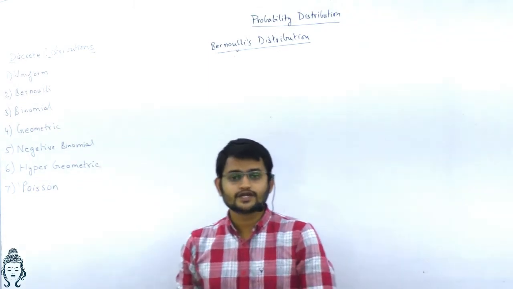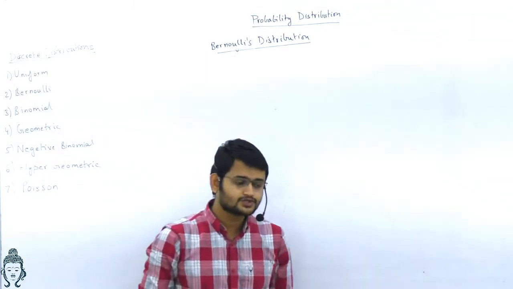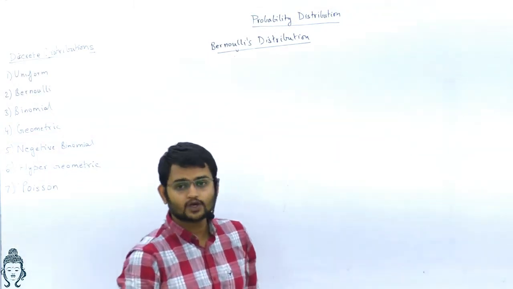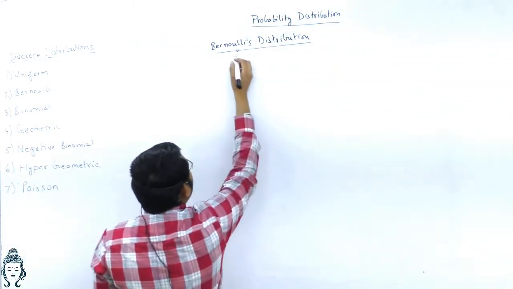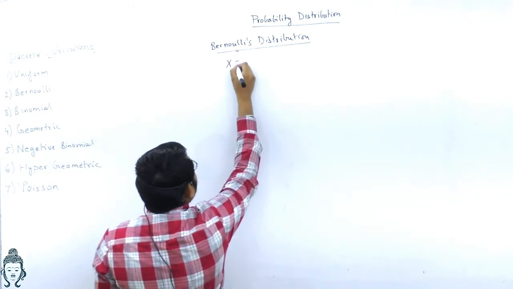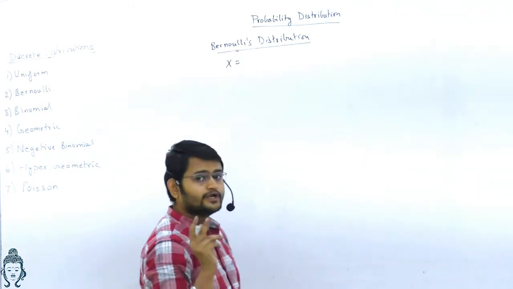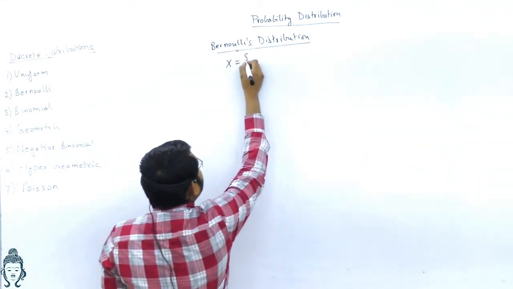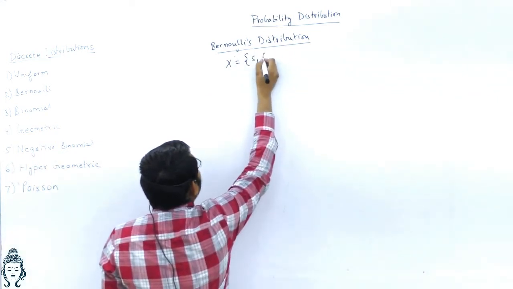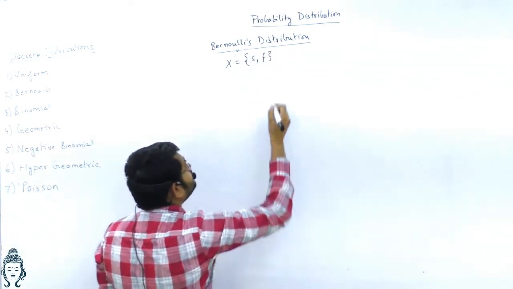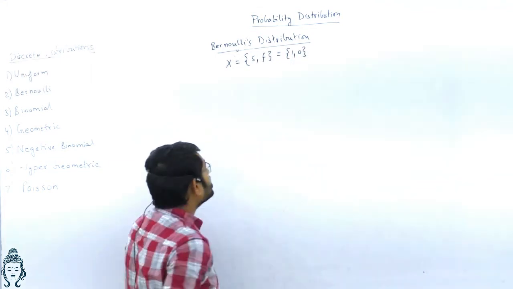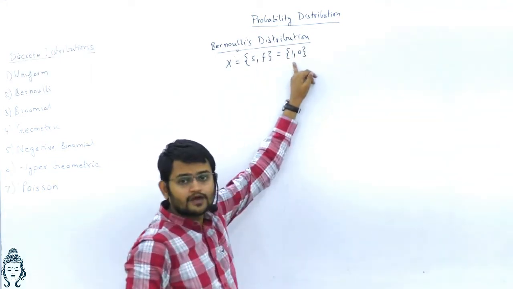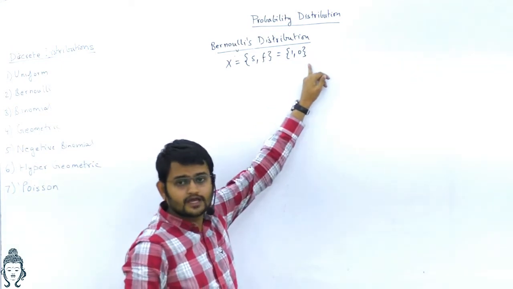Let's go to our second distribution, Bernoulli's distribution, or it is also called Bernoulli's trial. Now here what we have is, for a particular value of x, we have only two values. One, let's say we call it success, the other failure. Now we can write them as 1, 0, or you can say success is denoted by 1 and failure is denoted by 0.